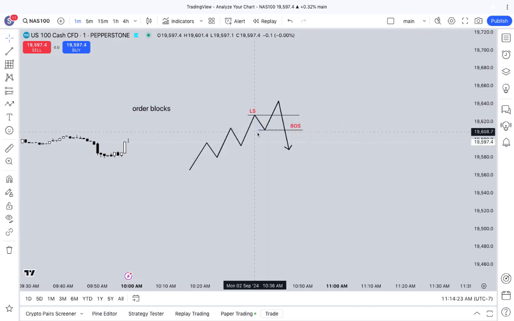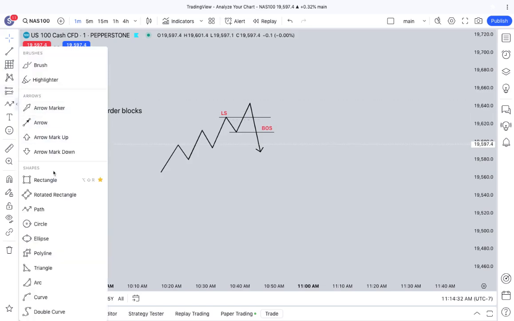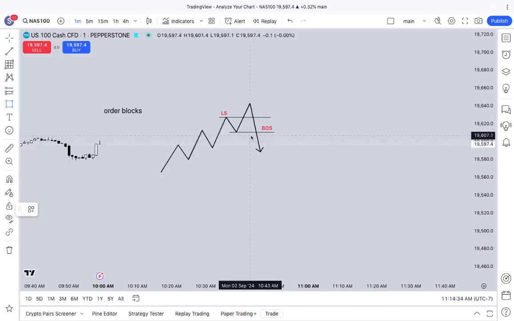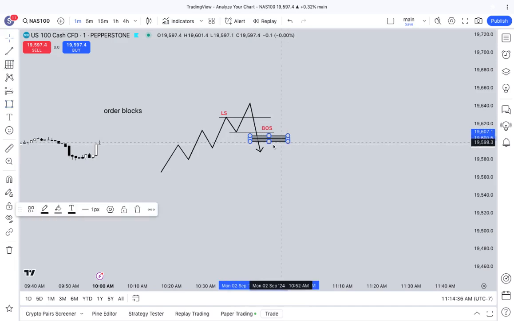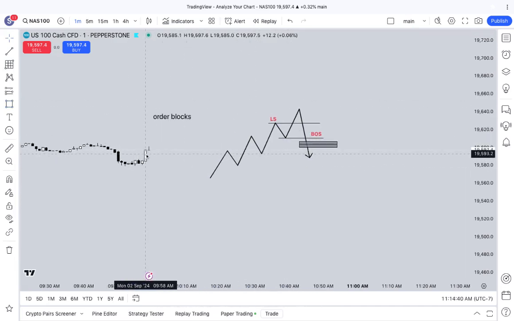Here we have break of structure, liquidity sweep, and then we can just mark out a fair value gap right here. A fair value gap would be the 3-candle pattern like this or this.